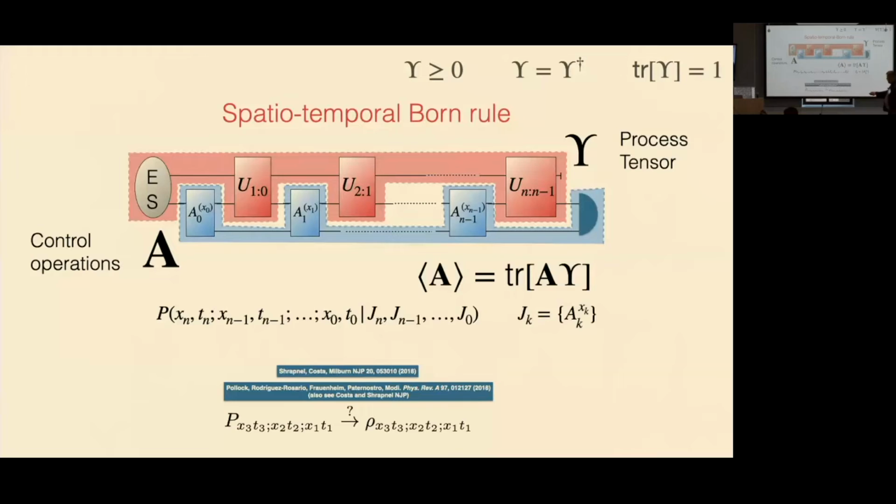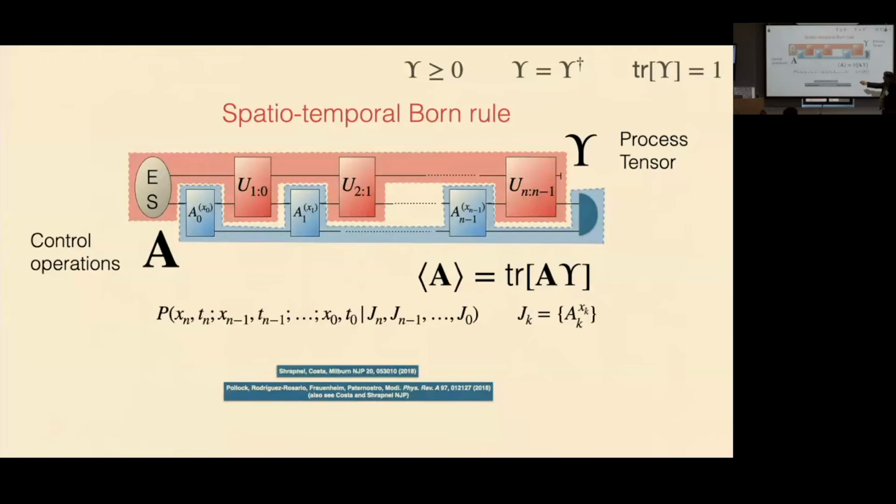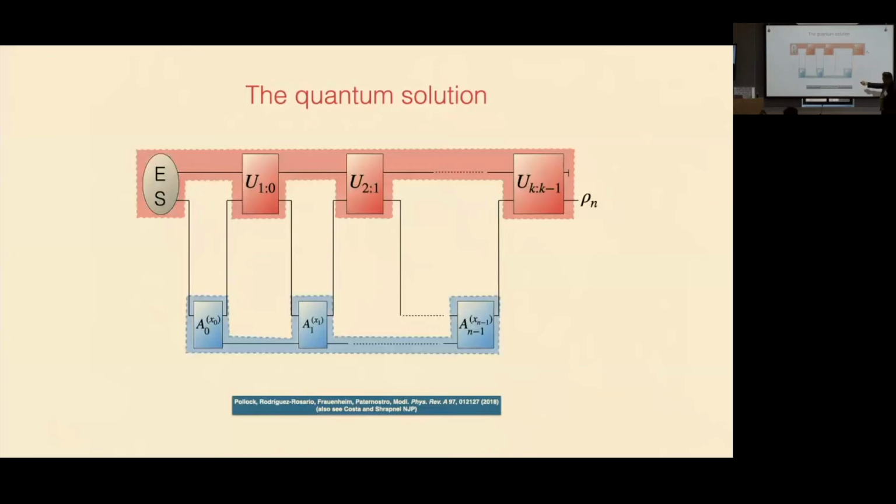Okay, and that answers the question, right? So this density matrix is a multi-time density matrix of a single system. If you look at the legs of that process, let's go back a slide. If I look at the legs of this process, all of these legs have dimensionality of the system. The environment dimensionality is hidden in here.